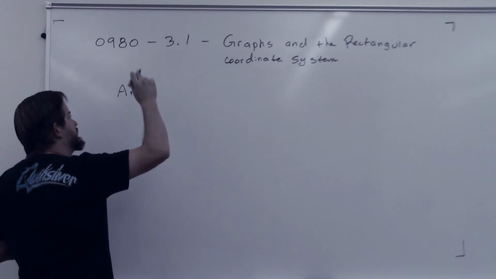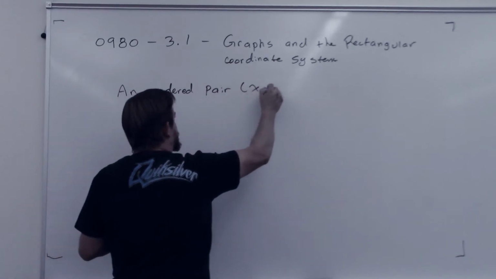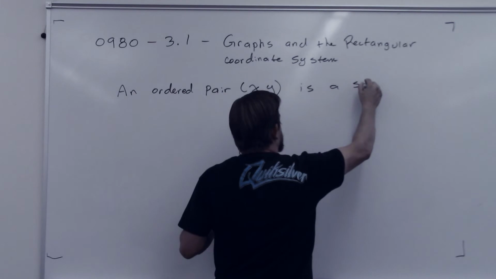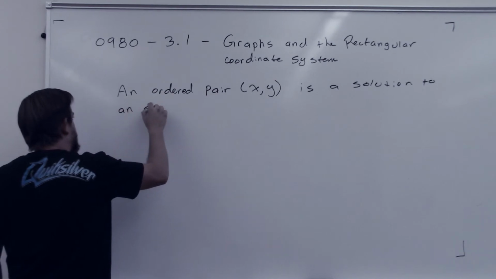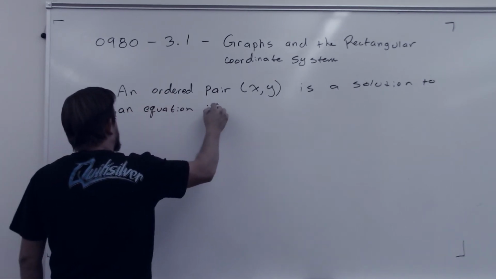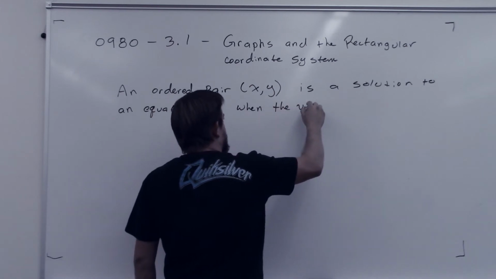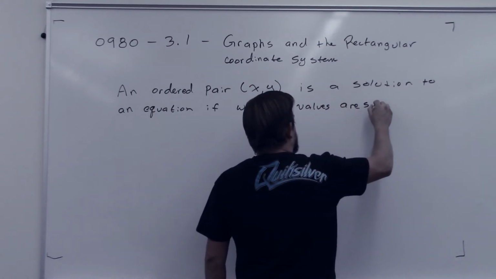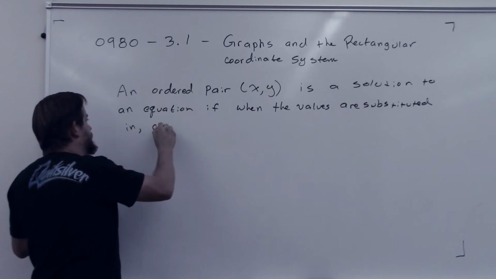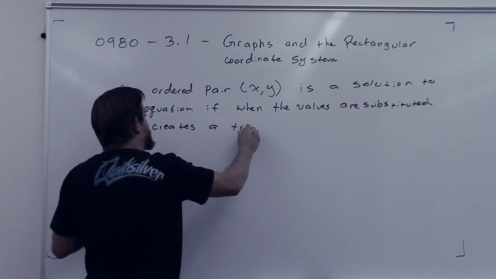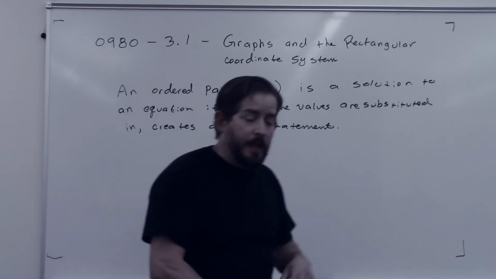And that is to say, an ordered pair, that is an x and a y value, is a solution to an equation if, when the values are substituted in, it creates a true statement. Okay. That's our definition for when we have a solution.